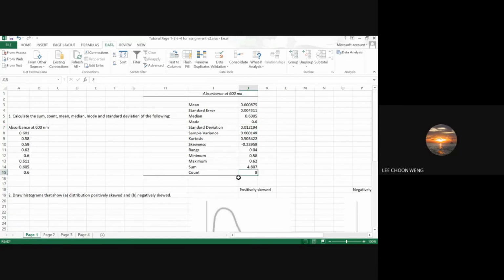If you're working with lots of data, maybe 300, 400 something, sometimes you find that the counts don't match. So once you see that the counts don't match, that means somewhere along the line you've maybe missed out some data, or you duplicated some data. So you have to be very careful when you're working with a lot of data.